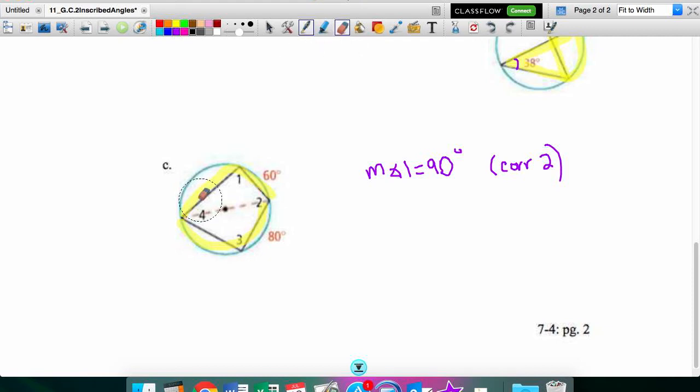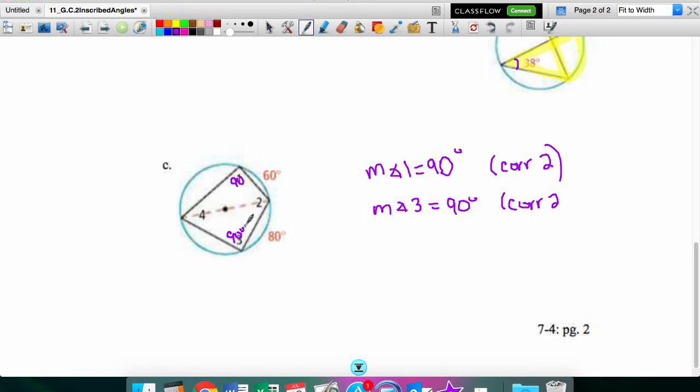All right, I'm going to erase the highlighting in this picture so that it doesn't look too confusing. And I'm going to list the fact that we noted that the measure of angle 3 was also 90 degrees, again by corollary 2. And I'm going to put those in our picture, 90.